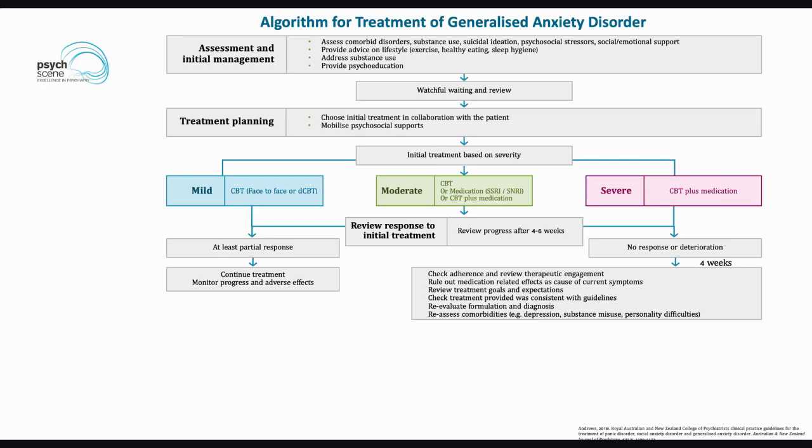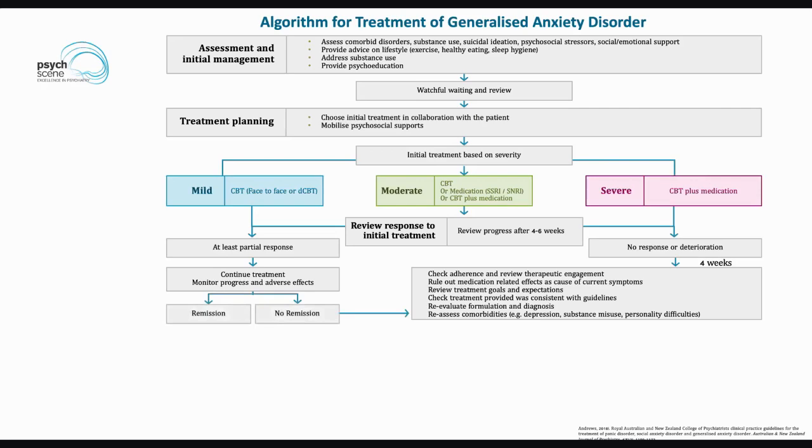Rule out medication-related effects. Review the treatment goals. Check treatment provided is consistent with guidelines. Reevaluate the formulation and diagnosis. If necessary, seek a second opinion even. And consider other comorbidities, ruling out medical conditions, depression, substance use, psychosocial stresses, personality dysfunction, in a way where coping strategies can be enhanced for the individual to address, say, psychosocial stresses better.